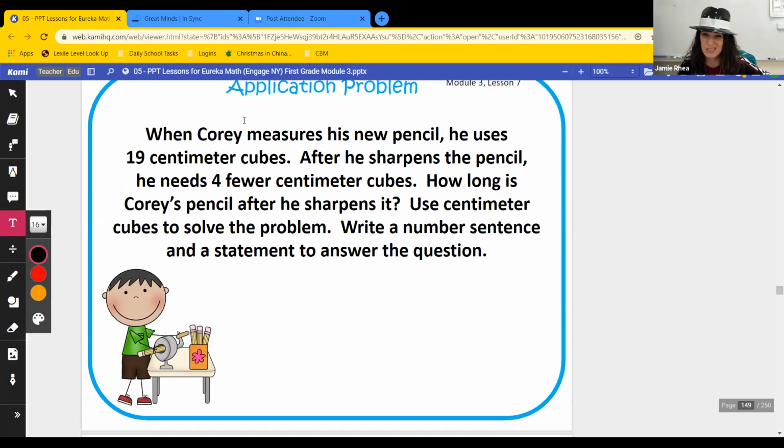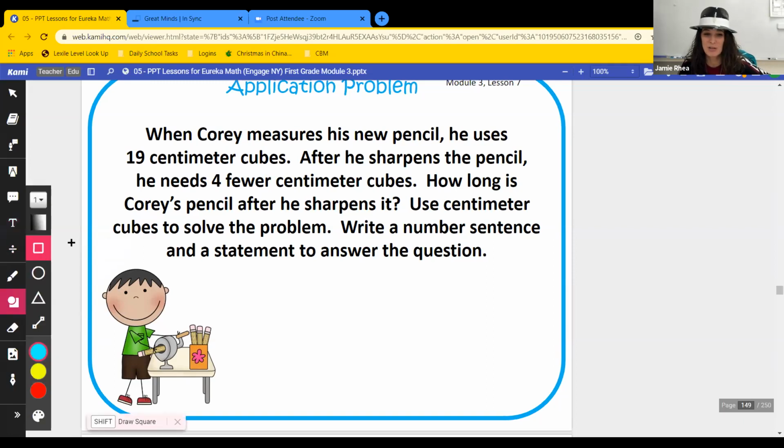All right, so let's look. We know that Corey's new pencil is 19 centimeters long. So I'm gonna make 19 centimeter cubes. I'm gonna try to do it the best I can, but it's really hard to do it on the computer. It's okay though.